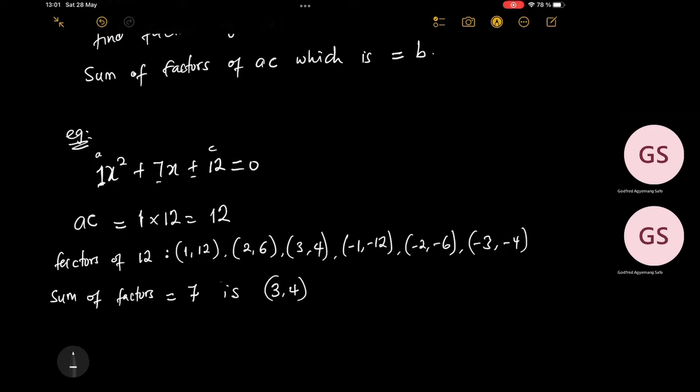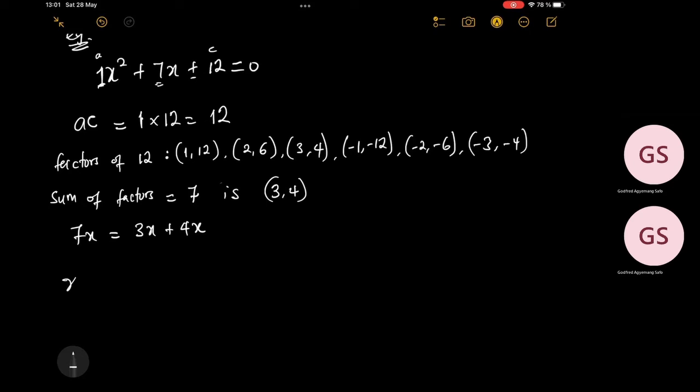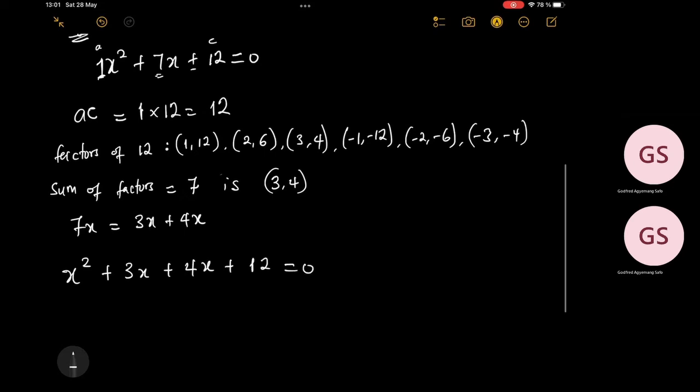When you sum 3 and 4, you get 7, that's the b. So 7x can be expressed as 3x plus 4x. In place of 7x in the equation, we put 3x plus 4x. Now our equation becomes x squared plus 3x plus 4x plus 12 is equal to 0.